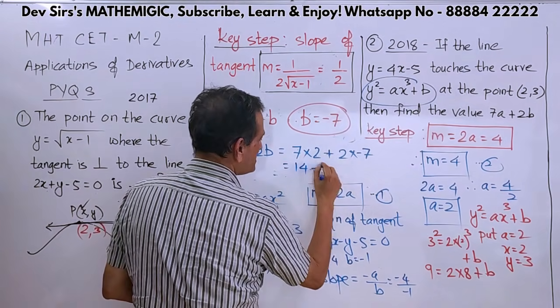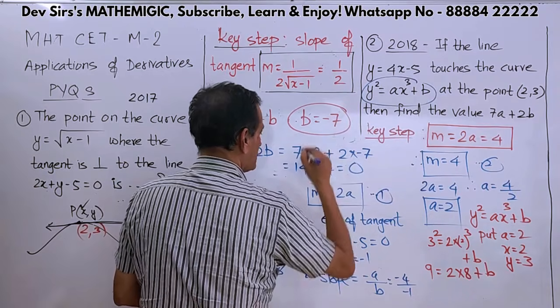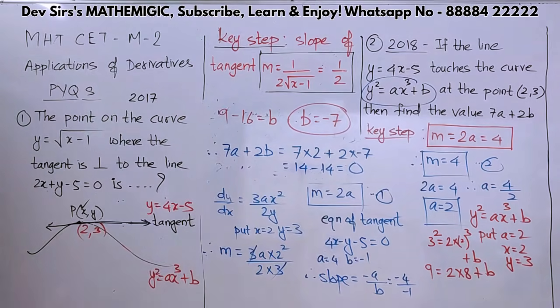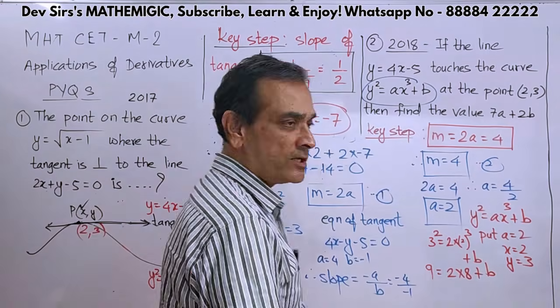Plus of minus is minus. That is the answer. 7a plus 2b is equal to 14 minus 14, the final answer. The final option given was 0, that is the correct answer.